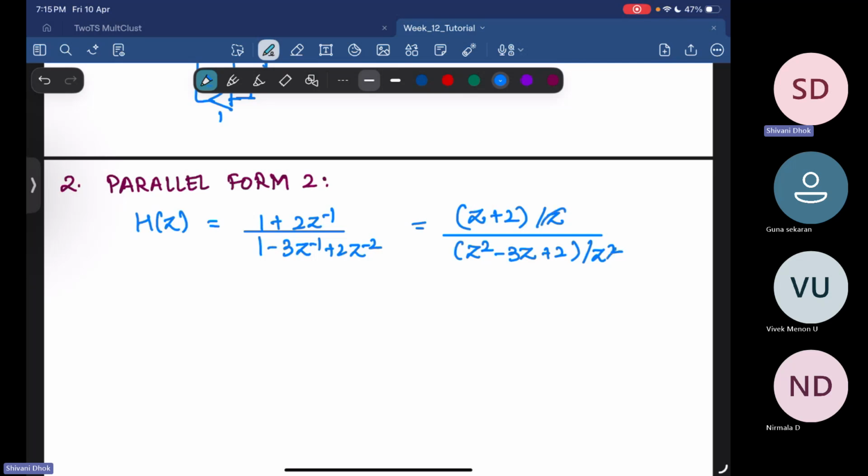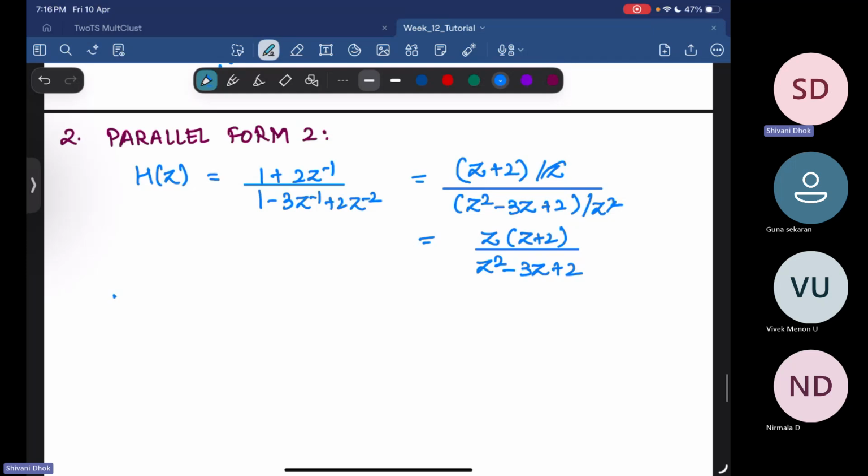So this gets cancelled, and what we have is z into z plus 2 upon z square minus 3z plus 2. So therefore I can rewrite this h of z as z square plus 2z divided by z square minus 3z plus 2.